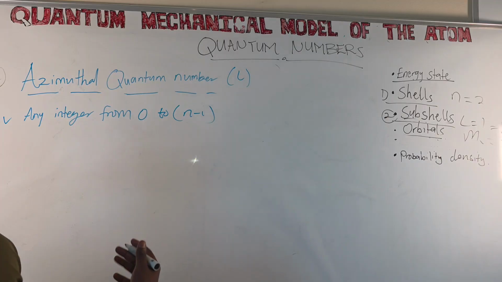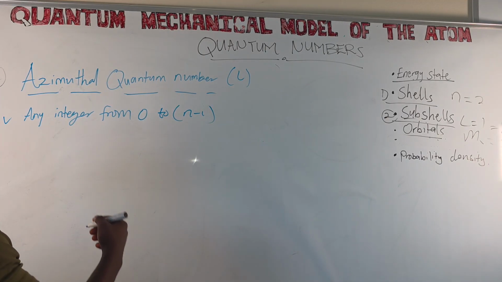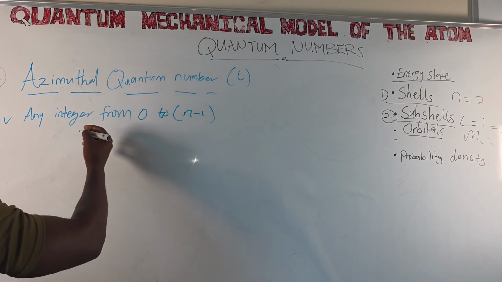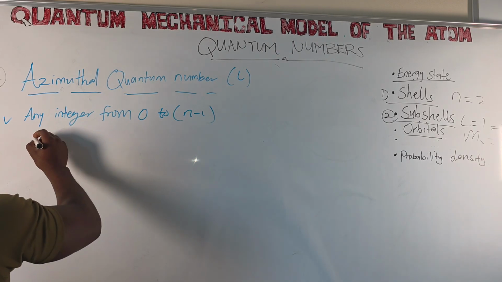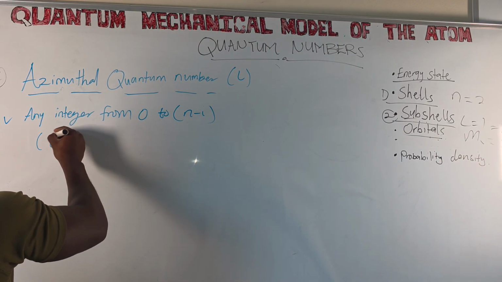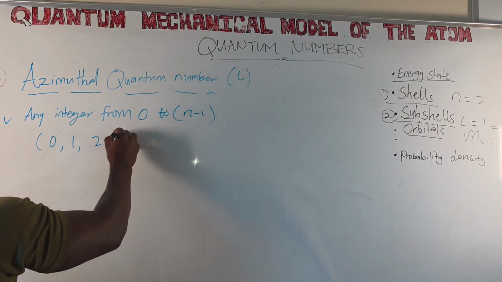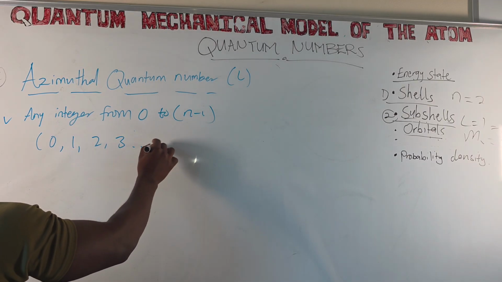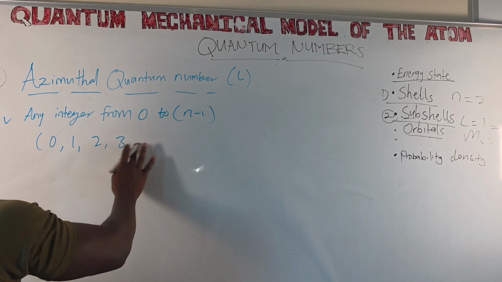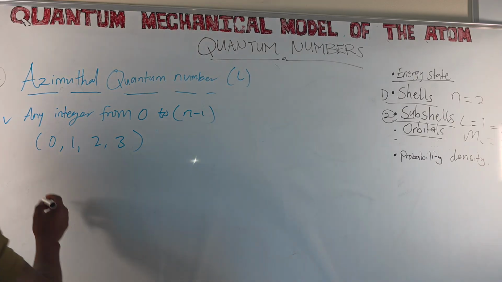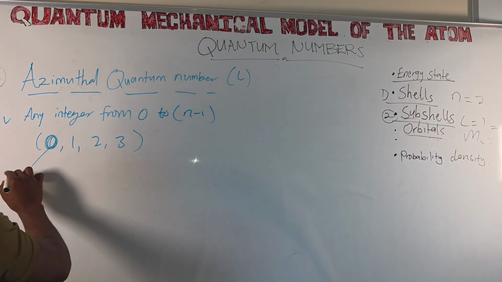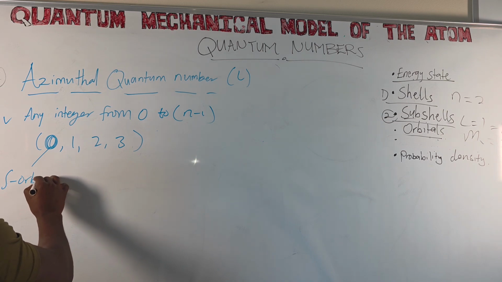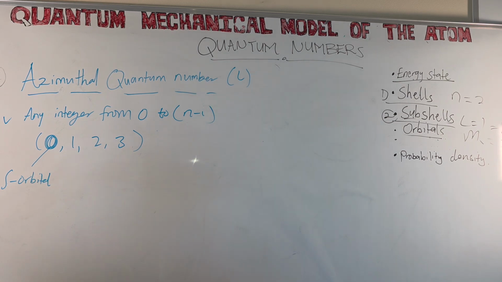On the MCAT, let's say I have a series of azimuthal quantum numbers, like 0, 1, 2, 3, and so on. Let's just end it at 3. This 0 represents the s orbital.